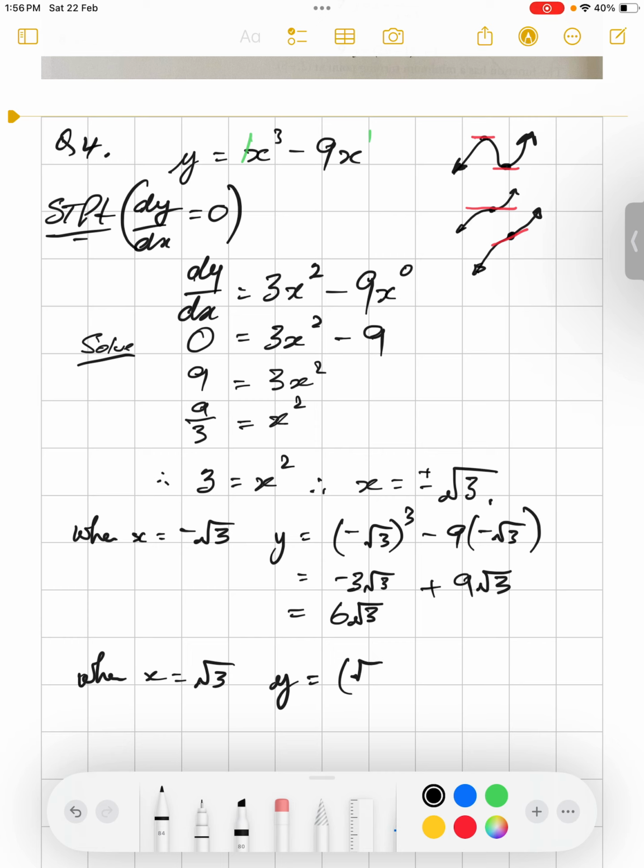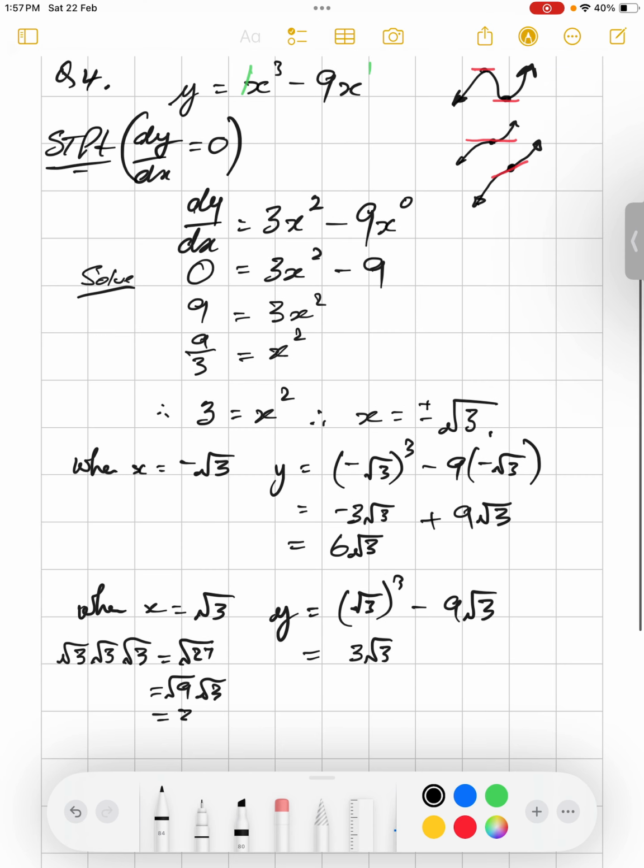The other turning point is when x is positive root 3. So y is root 3 cubed minus 9 root 3, which is 3 root 3, because root 3 times root 3 times root 3 happens to be root 27, right? And root 27 is root 9 times root 3, and square root of 9 is 3.